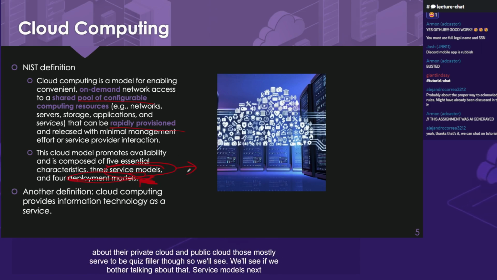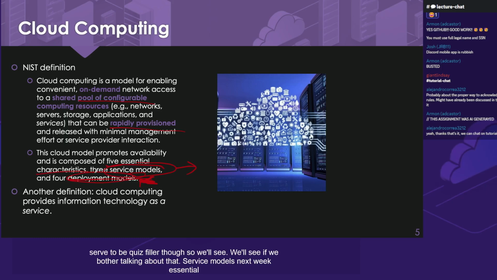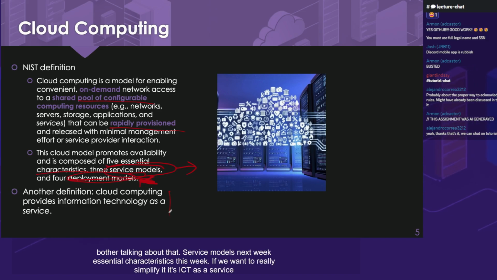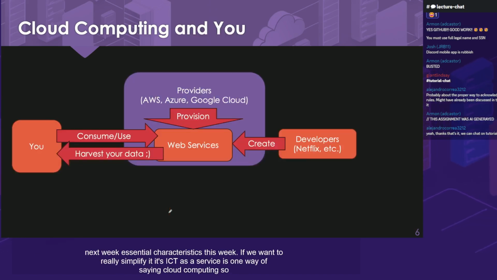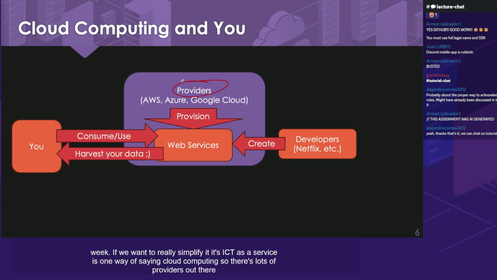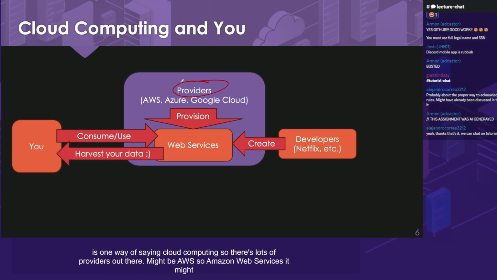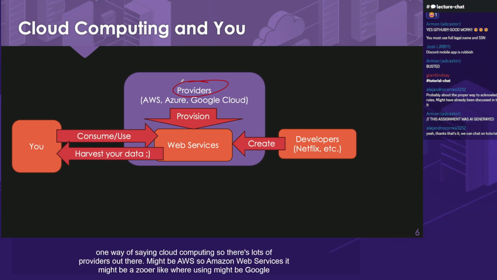Service models next week, essential characteristics this week. If we want to really simplify it, ICT as a service is one way of saying cloud computing. So there's lots of providers out there. It might be AWS, so Amazon Web Services. It might be Azure like we're using. It might be Google Cloud and all the Firebase stuff.